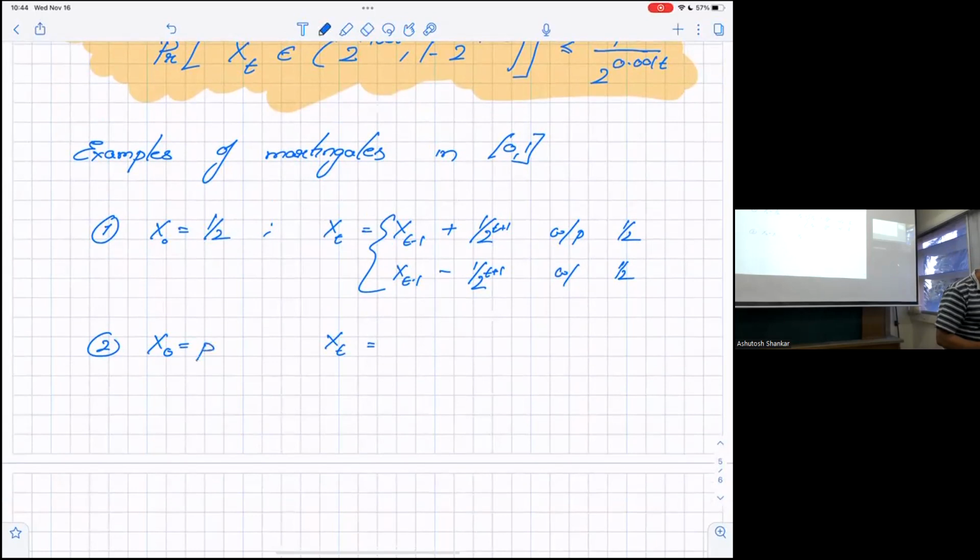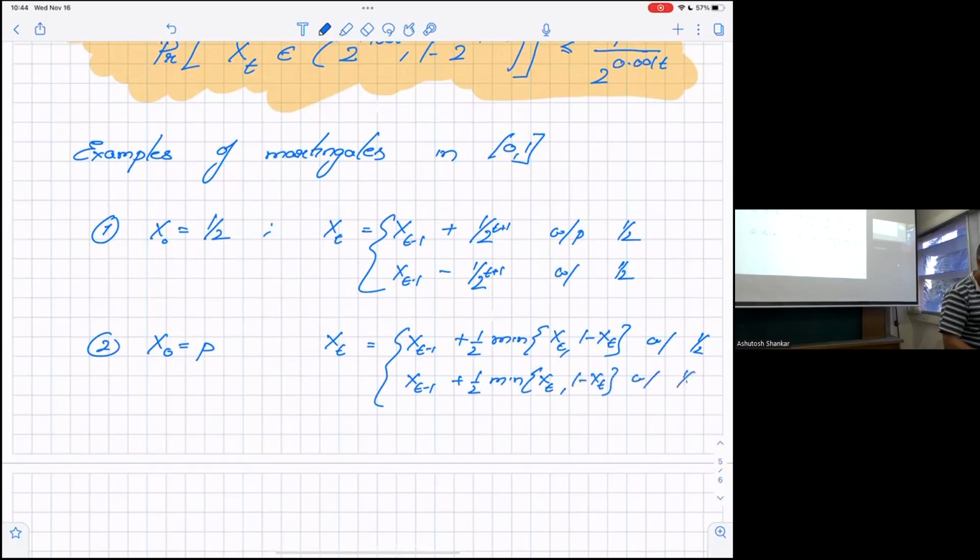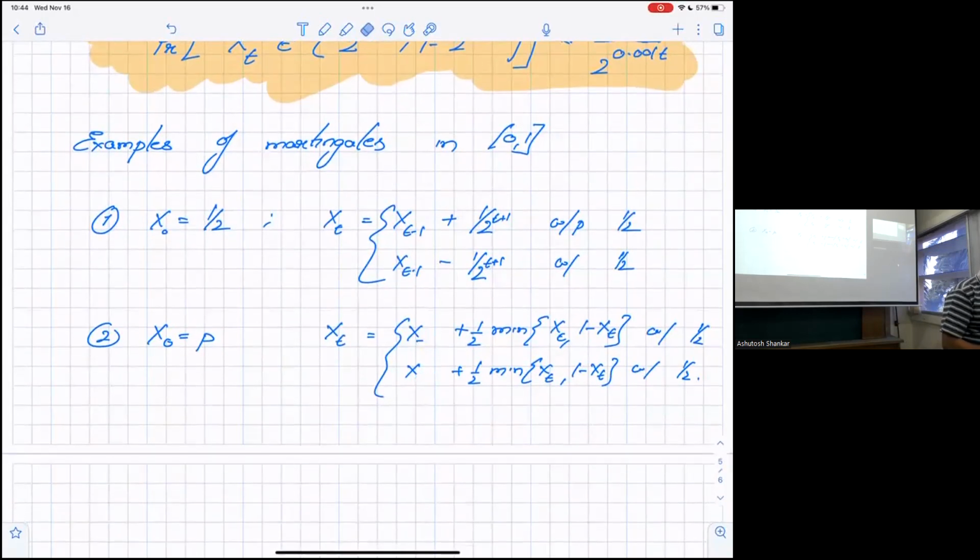I'm going to choose X0 to be p, and Xt to be Xt minus 1 plus half the minimum of Xt and 1 minus Xt with probability half, and Xt minus 1 minus half the minimum of Xt and 1 minus Xt with probability half. Another is plus half, the other is minus.